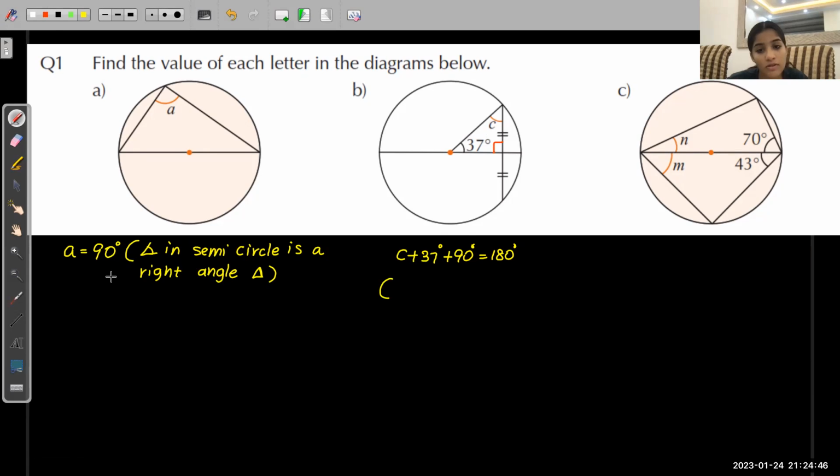Is it the same? No, not the same. The most important thing that we found using the theorem is this right angle, 90.